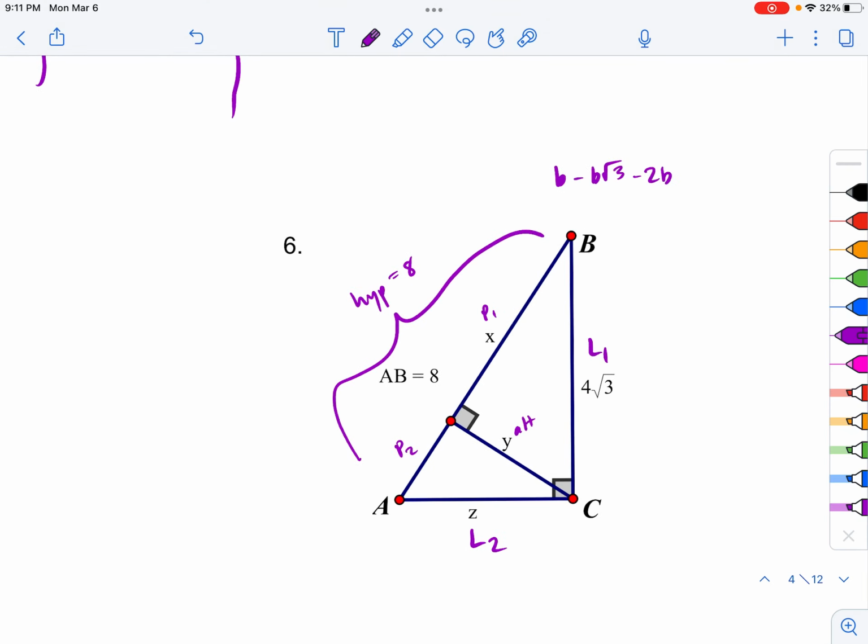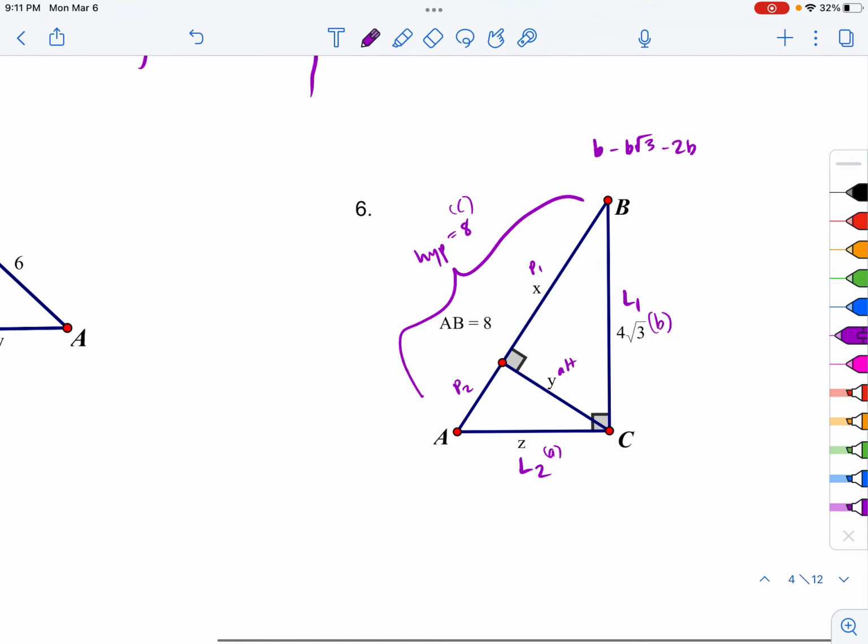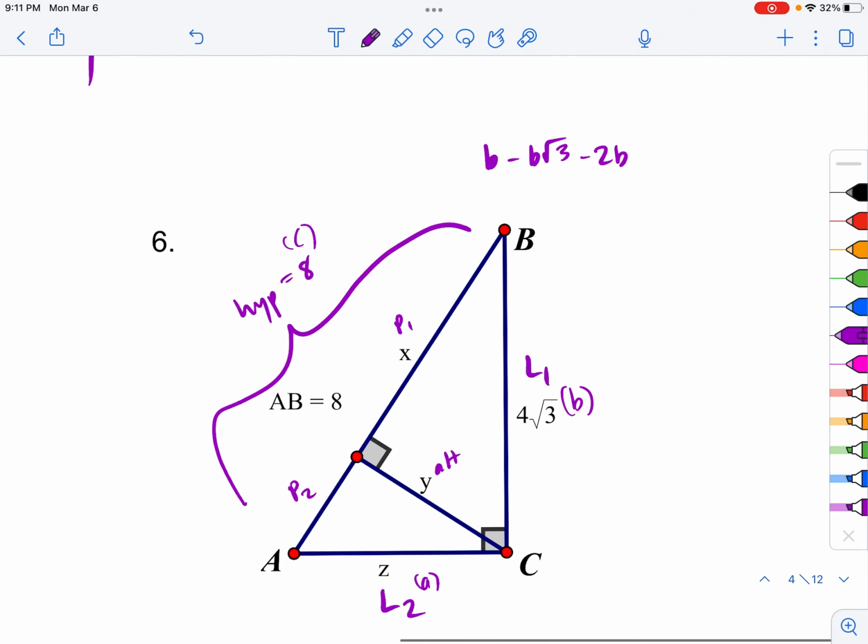Okay, so we should have, let's call this A, B, and C. So Pythagorean theorem, we could use the Pythagorean theorem because we have one of the legs and the hypotenuse. So we'll do a squared plus 4 root 3 squared is equal to 8 squared. Then we could expand this.